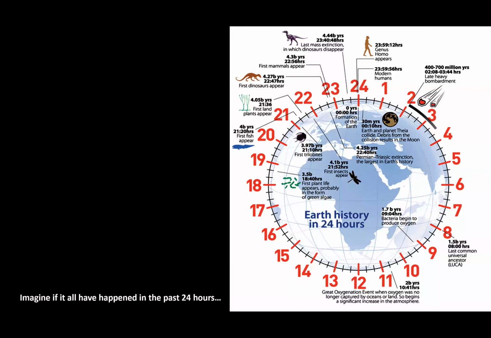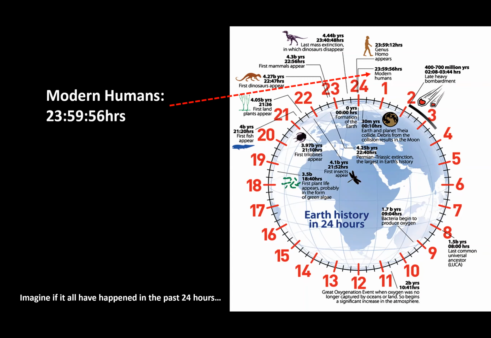If we could look at the entire history of planet Earth and make it fit into 24 hours, let's say the planet is formed at 0 hour, 0 minute, 0 second. Everything happens in our evolution, and modern humans appear on Earth at 11 p.m., 59 minutes and 56 seconds.